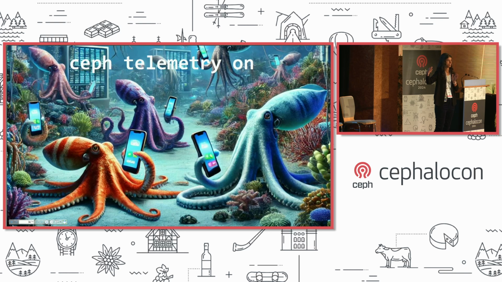So you can actually see from the dashboard the current version that cluster is running. So if the crash happened in Quincy and they upgraded to Reef, and we no longer see any reports from that cluster, it can give us a good estimation.